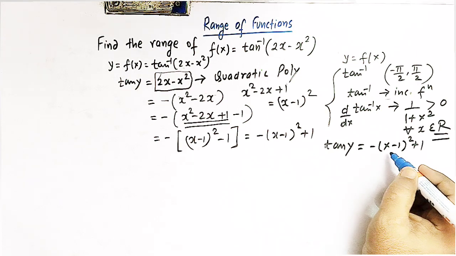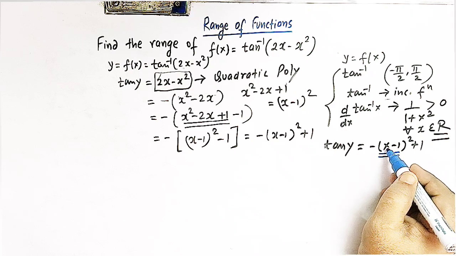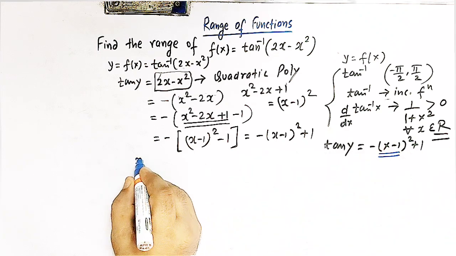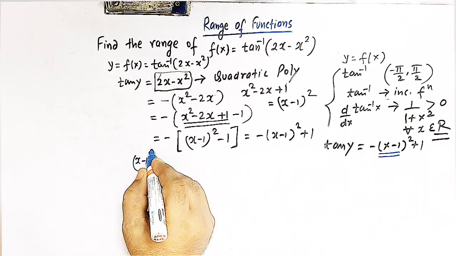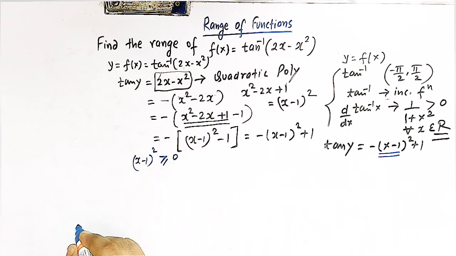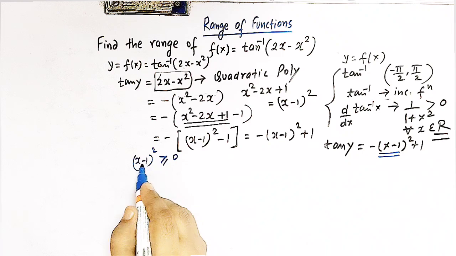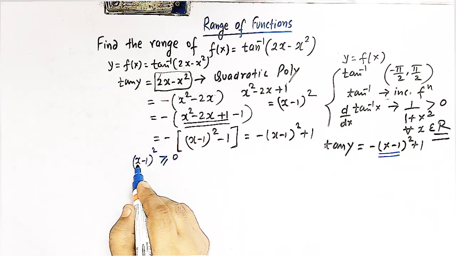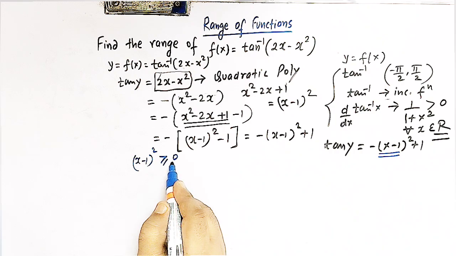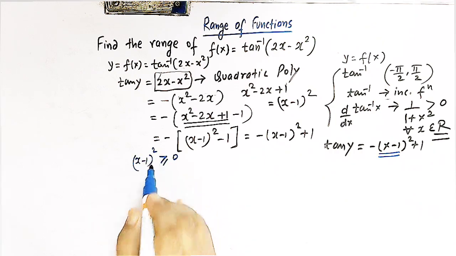So now let us move from this step, that is x minus 1 square. Now see, x minus 1 square is always going to be greater than or equal to 0. For x equal to 1, the equality holds, and for other values of x, x minus 1 square is always greater than 0, or it is positive, because this is a square term, right?